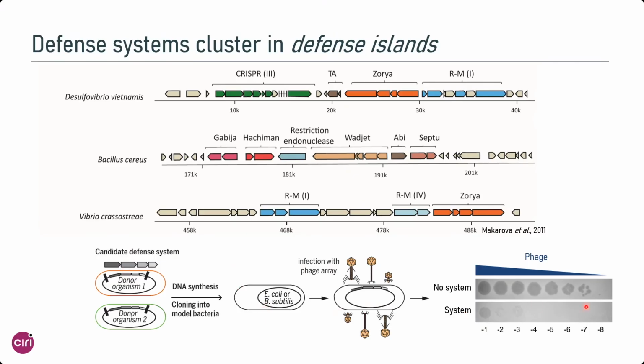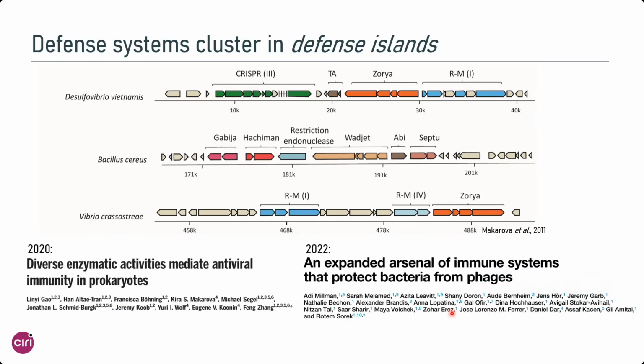Ideally, you should see that the strain with the defense system is protected against phage infection. So this was 9 defense systems in 2018, and this approach was then expanded in 2020 and 2022 using a very similar approach. Altogether, this led to the discovery of over 50 new defense systems in just a few years.